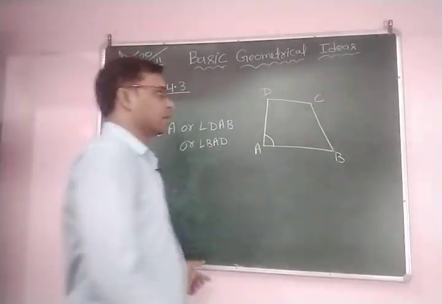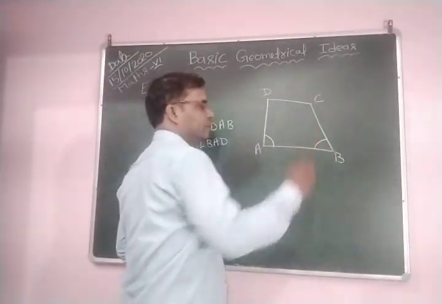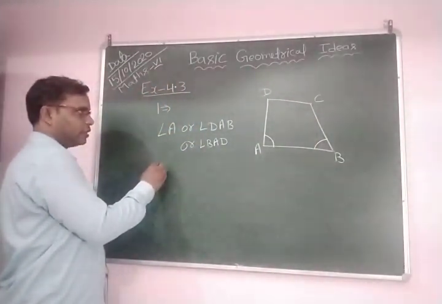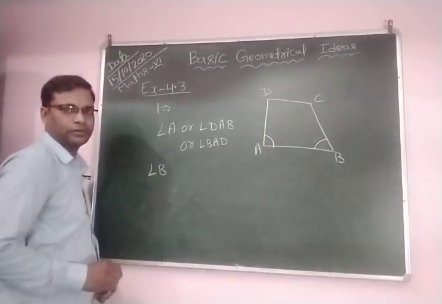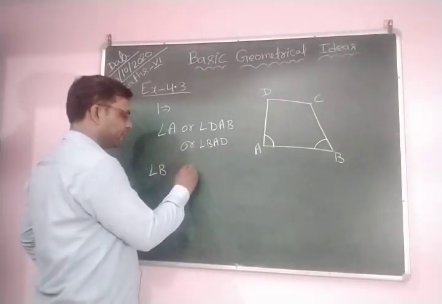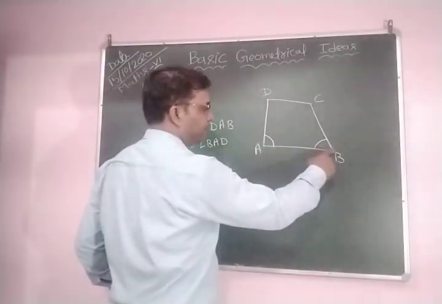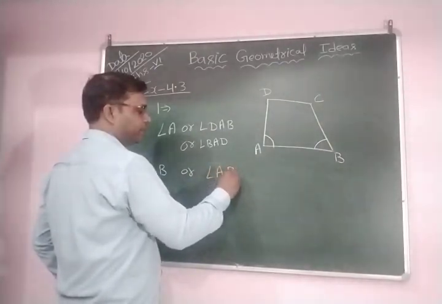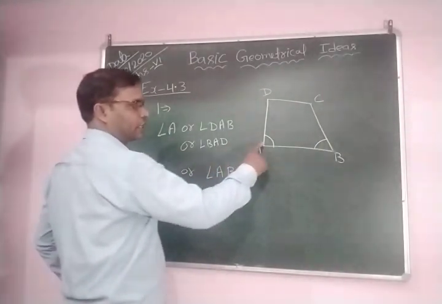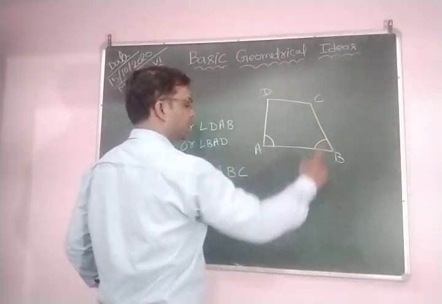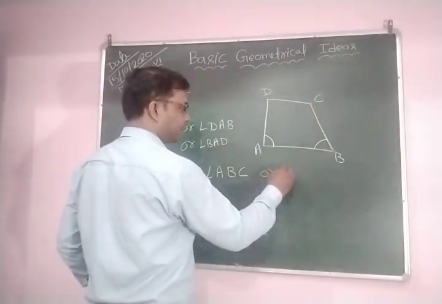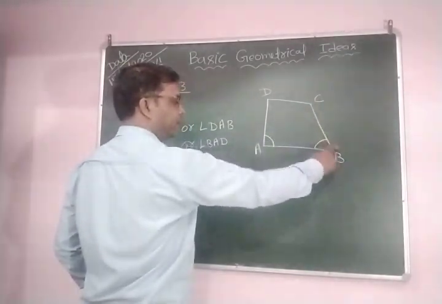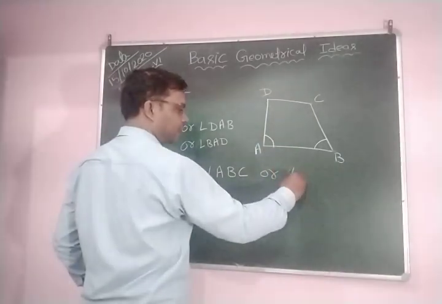Now this angle, you can write it in an easy way as angle B, or you can write it angle ABC, or you can write it angle CBA.